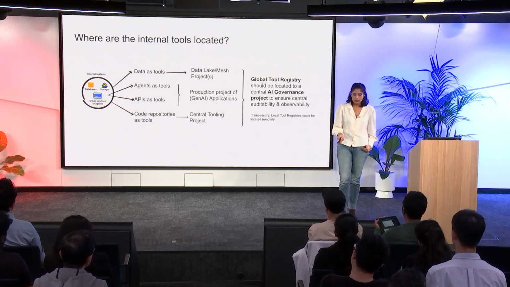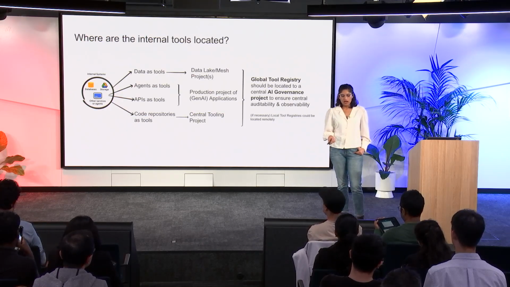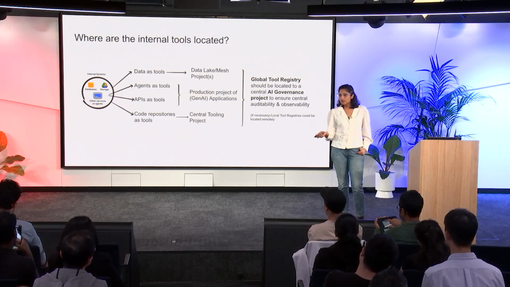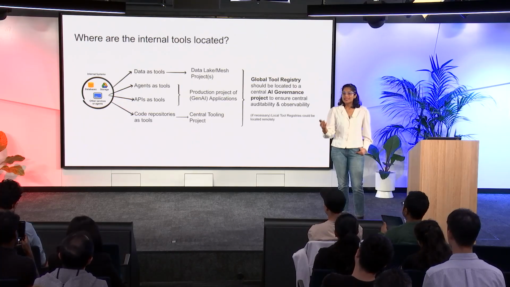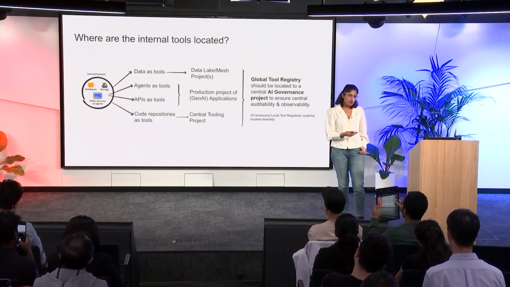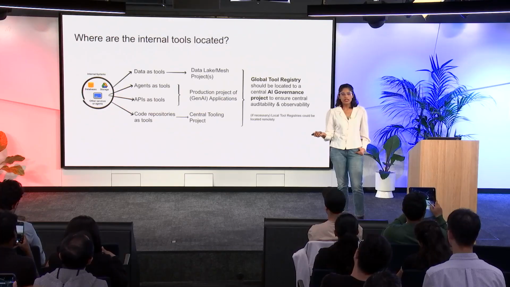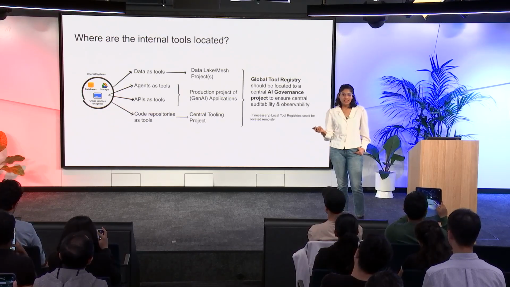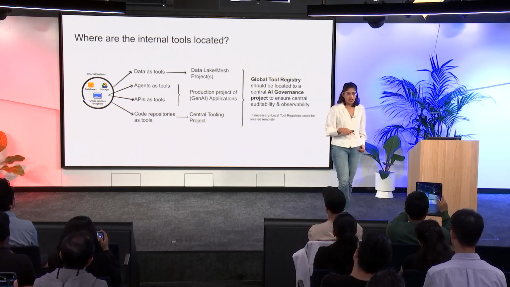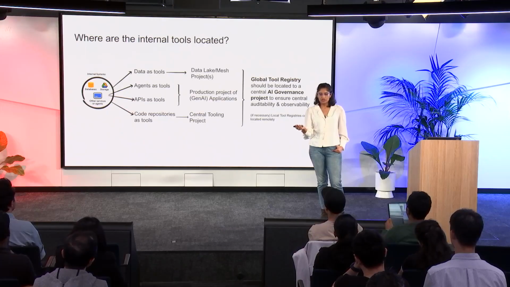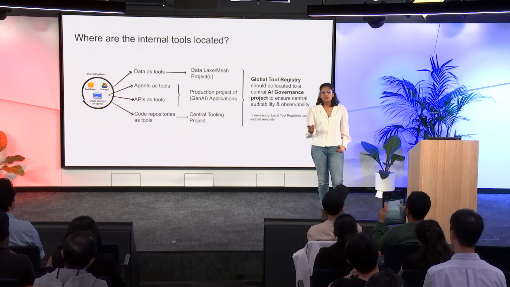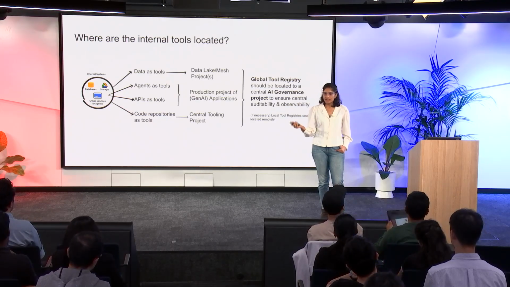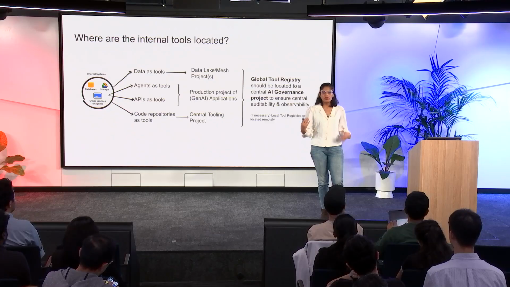Okay, moving on to tools. The tools that you'd be using would be data as tools, so you are either fetching data or updating some data. You'll also be using other agents as tools, which is another tool that your agent might use. You'd be using standard APIs as tools, like the APIs that your organization has already developed.